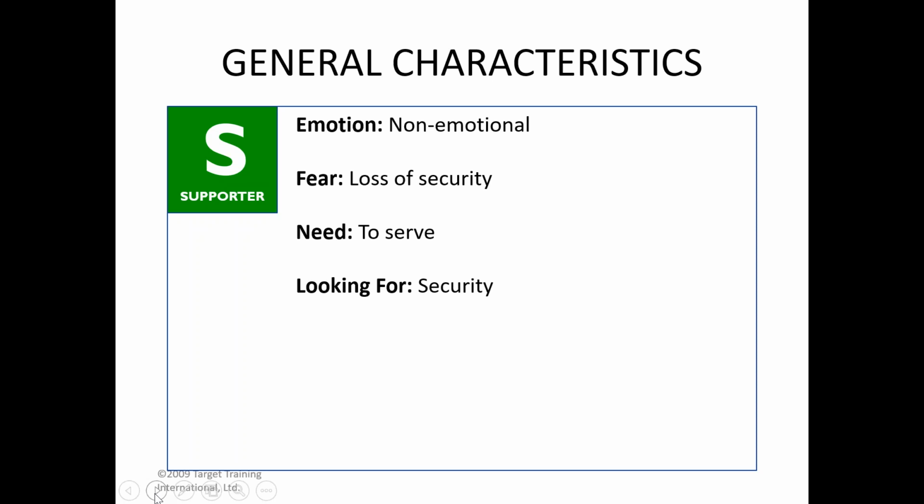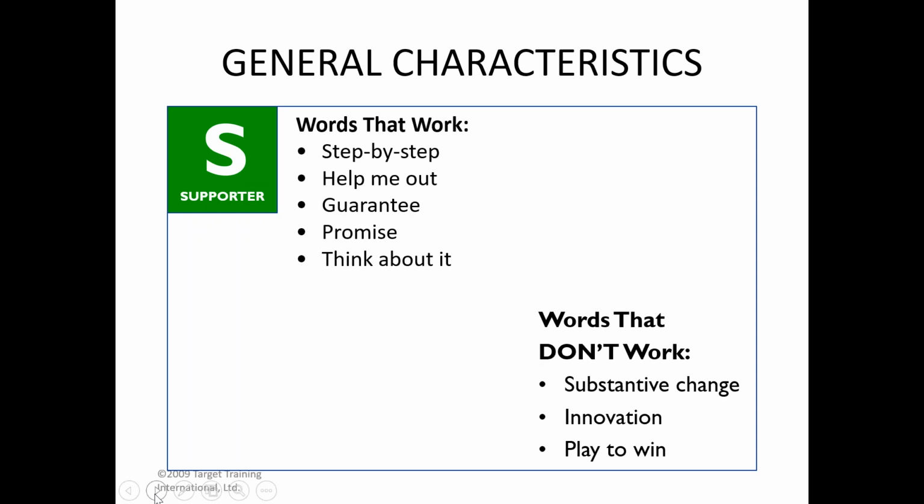Their fear is loss of security. Their needs, they love to serve. They need to be harmonious. They need to be the caretakers. They need to be the coordinators. And they're looking for security. Words that work for an S are step by step, help me out, guarantee, promise, think about it. Words that don't work are innovation, play to win.